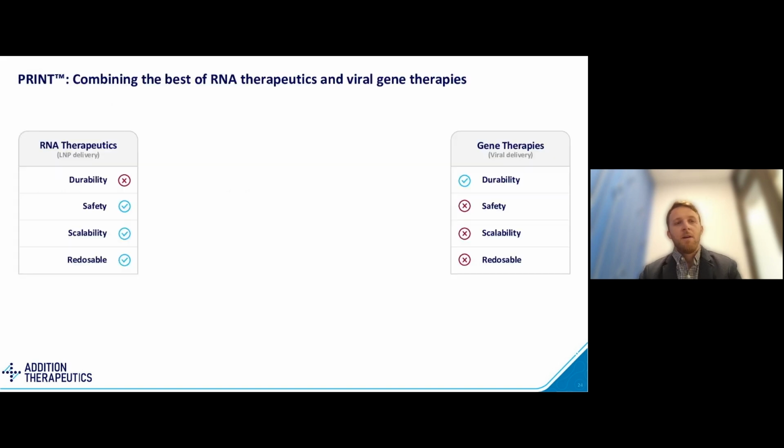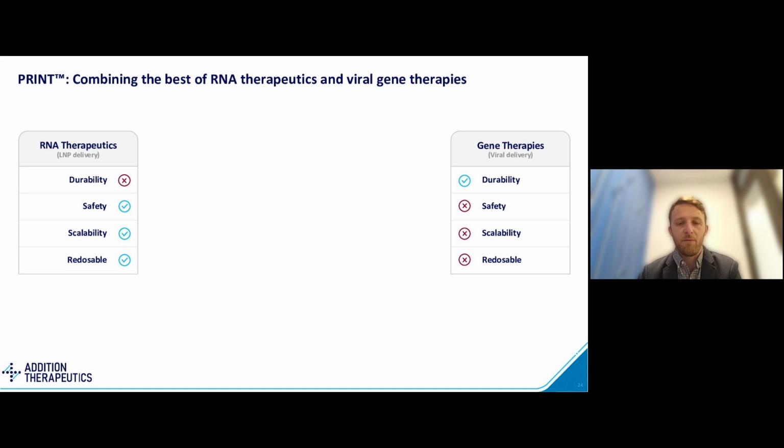So current genetic medicines broadly fall into one of two camps. There are RNA therapeutics, which are very transient, they lack durability, but they tend to be very safe, very scalable, and have the feature of being redosable. On the other hand, you have gene therapies, which are very durable, but in general, they fall short compared to RNA therapeutics in terms of safety, scalability, and often redosability is not even an option.